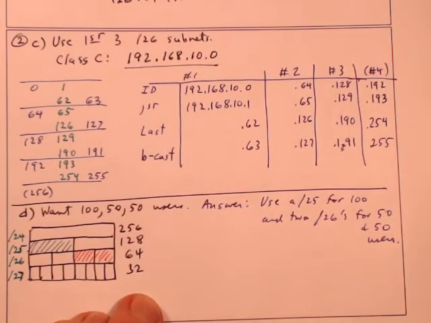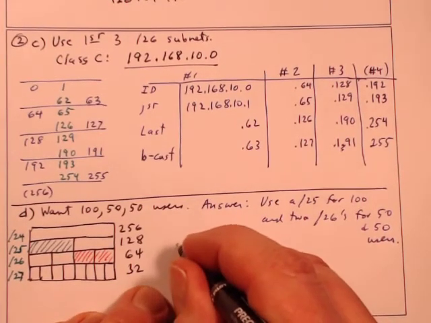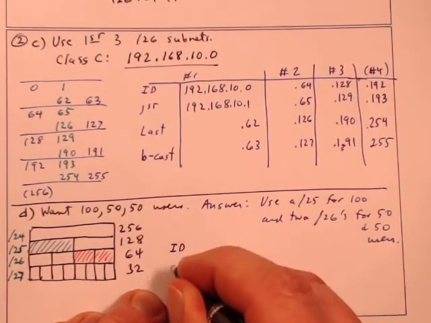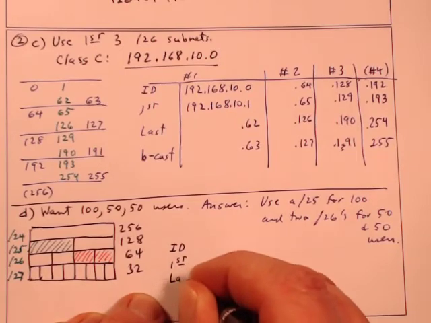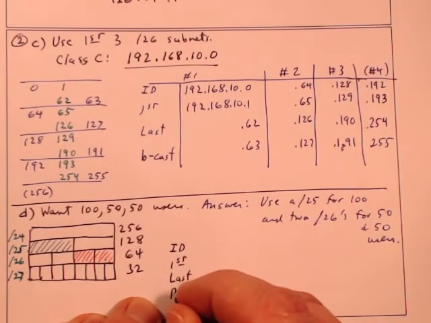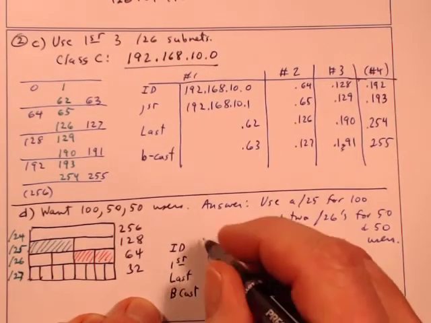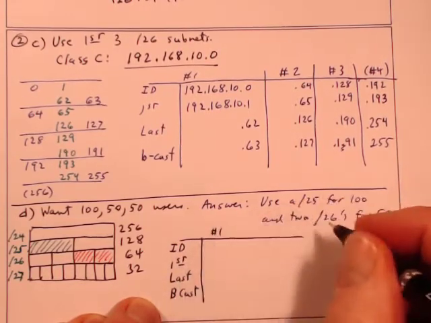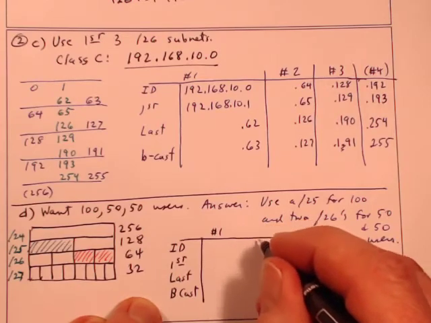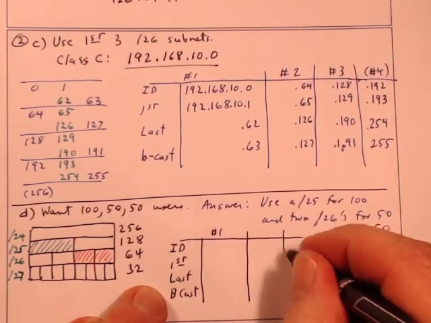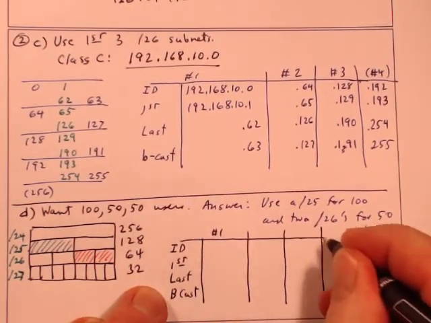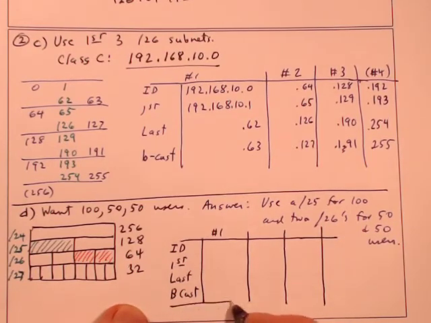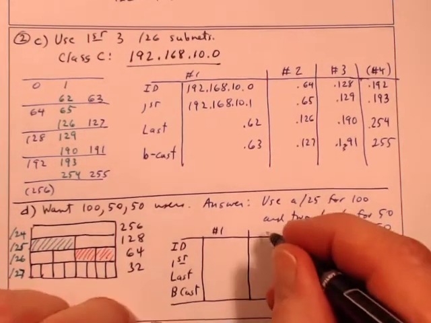And so what we'll do is make a little chart here that says the ID, the first, the last, and then the broadcast. And we'll make a little chart for number 1, and that's going to be a slash 26, numbers 2 and 3.